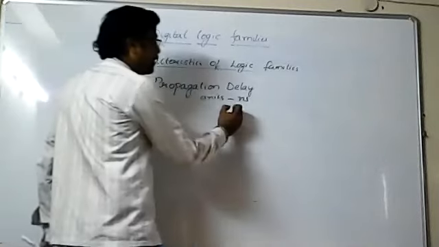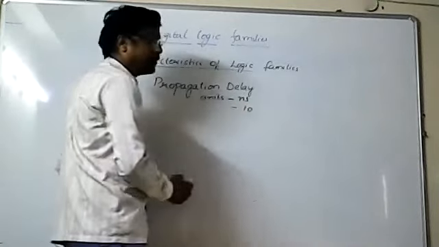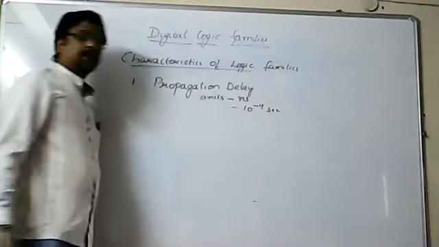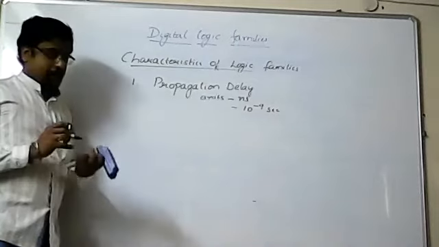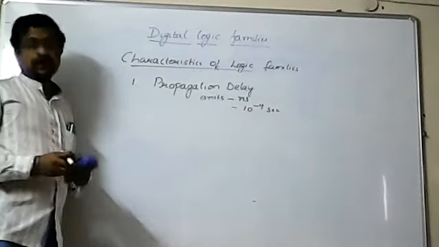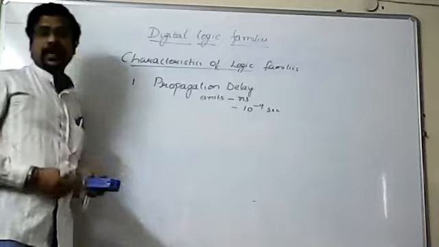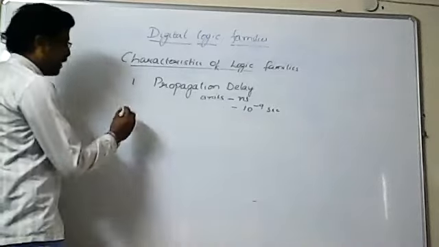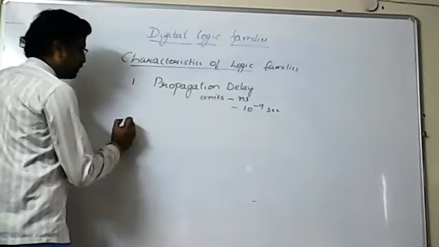Nanoseconds means 10 power minus 9 seconds. So how to calculate this time delay? Let me show a simple example.